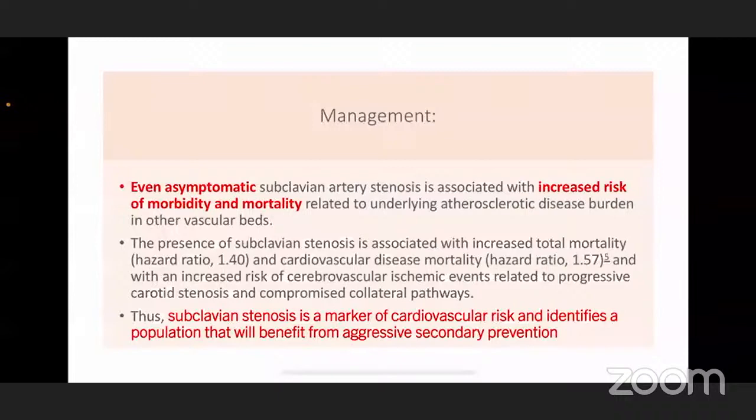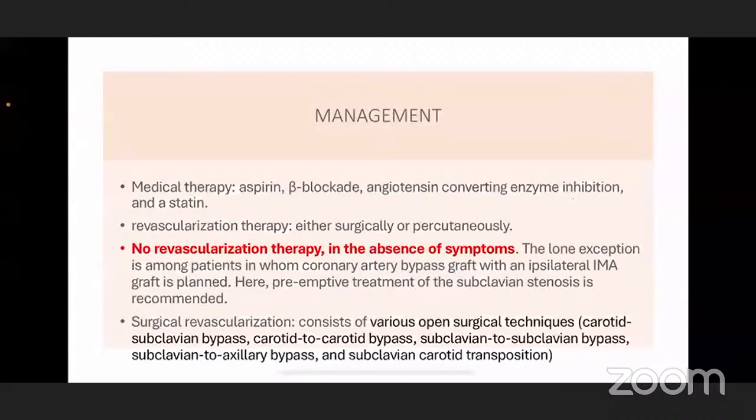Okay, nice. Antiplatelets and statin. Statin, aspirin, and lifestyle modification. Okay, great. So we start with lifestyle modification, and then we give aspirin, statin, as he said, and beta blocker and ACE inhibitor. Okay, that is the management for the medical therapy.